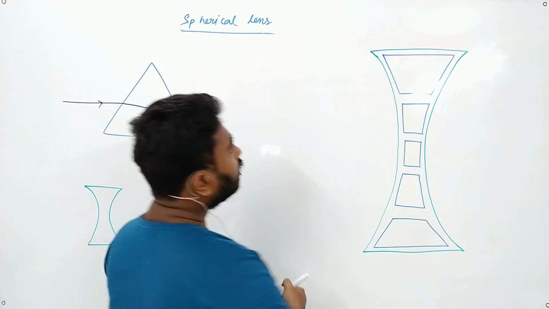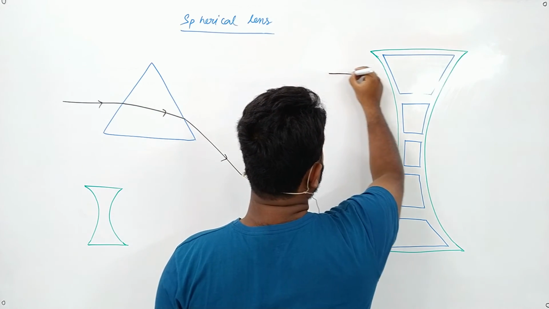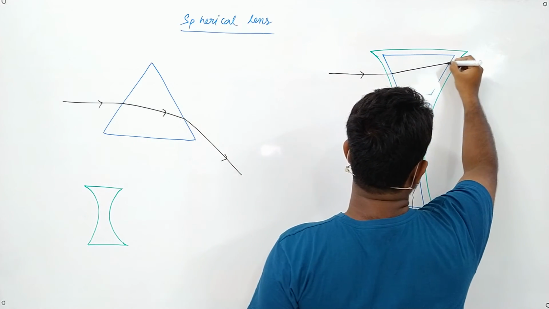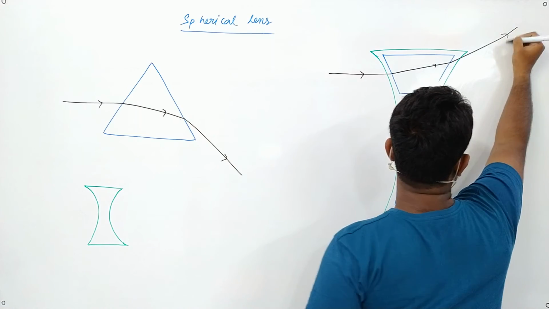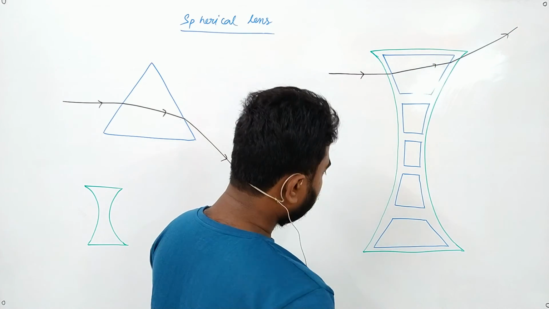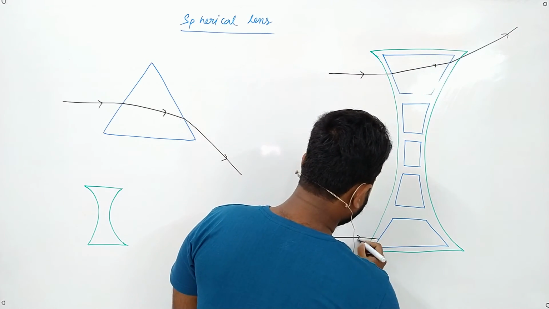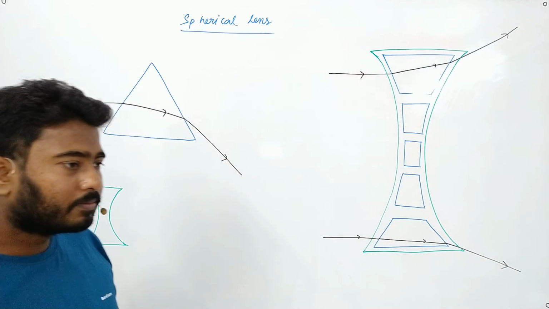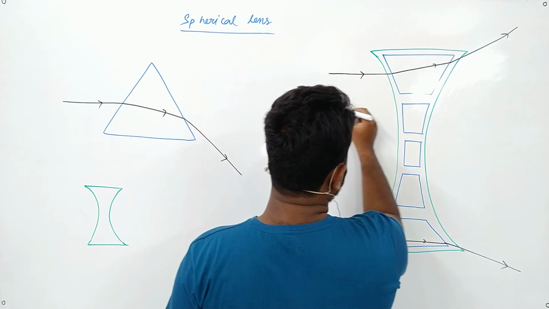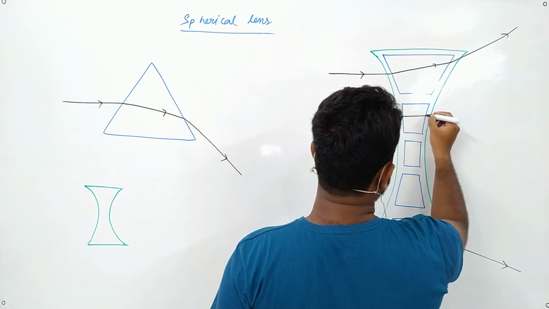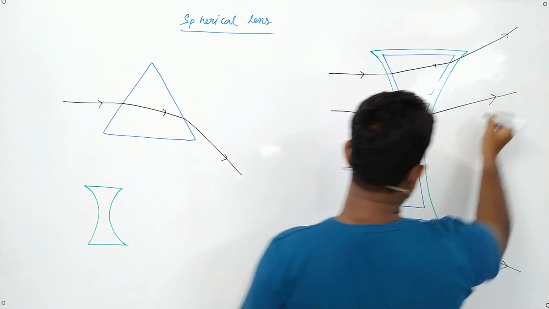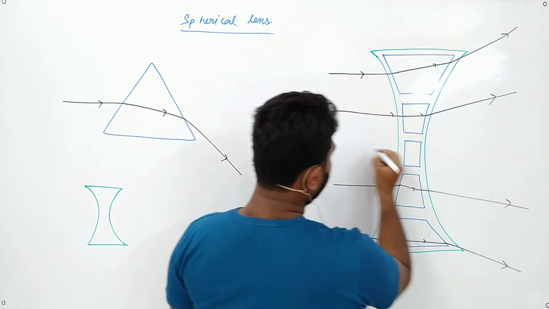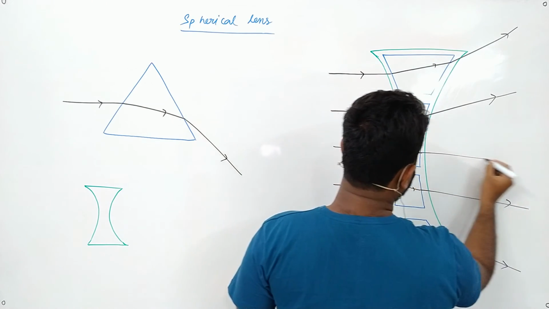Now, if a ray of light comes and falls on this surface, it will get refracted and it will go in this direction because this one is the base, right? If a ray of light comes and falls on this surface, it will go in this direction, and similarly for all of the cases it will be.